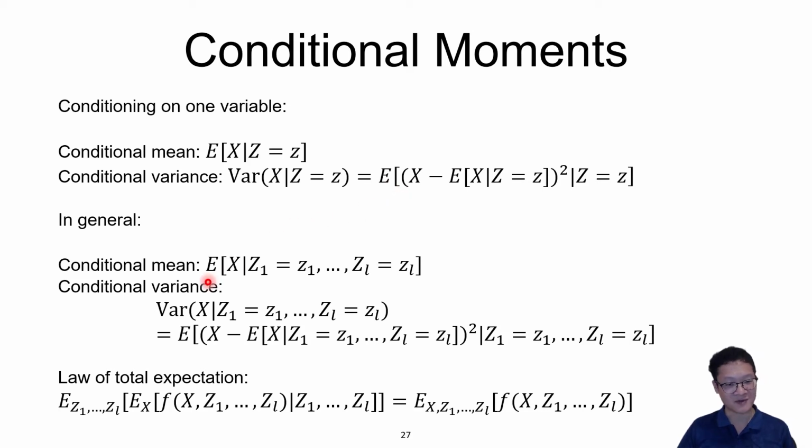Of course, we also have the multivariable case, when we might be conditioned on many variables at once. In this case, it's exactly the same, right? Just replace the big Z equals little z with the list of z's, Z1, Z2 equaling the little z1, z2, and so on. Exactly the same. So the only thing to be careful of here is that with conditional variance, because we have two expectations for variance, each of those expectations must be a conditional expectation.